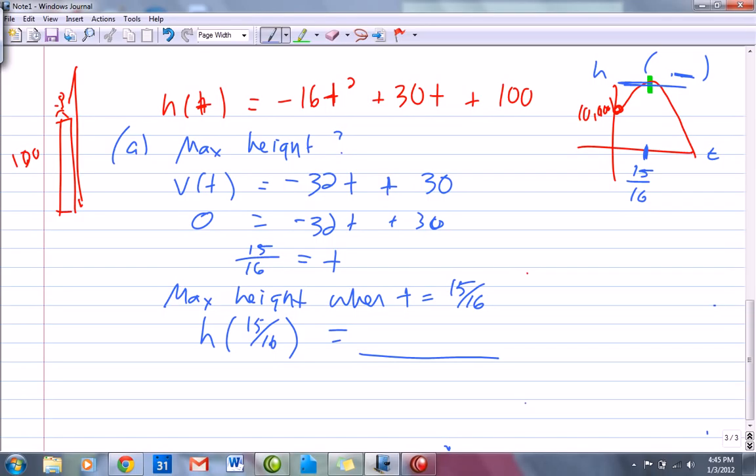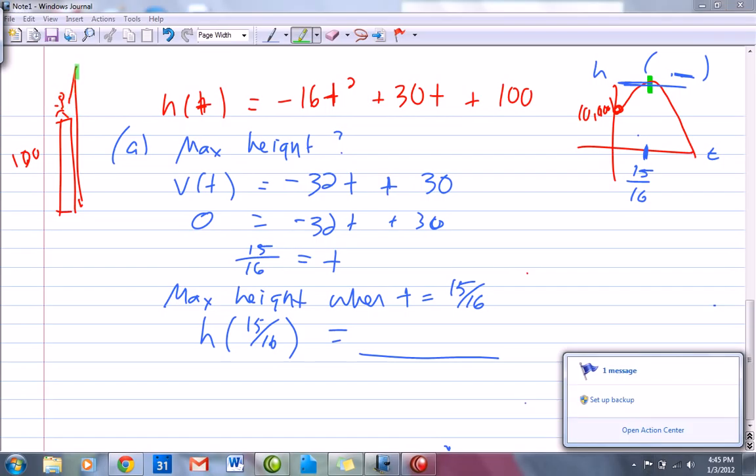So the travel of this book based on the velocity and height function: the velocity will be positive all the way up until 15/16 seconds, and then be negative after 15/16 seconds. So the book's going to go up for almost 1 second, stop at 15/16 of a second, and then drop.